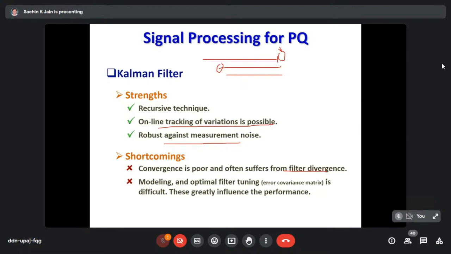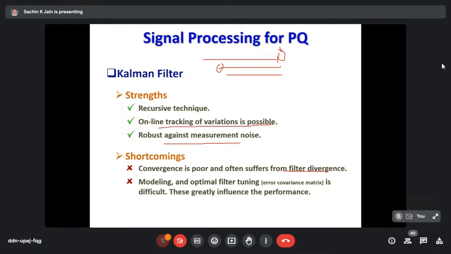What I'm talking about, DFT, there are hundreds of DFT methods, means 100 varieties of methods. There are thousands of papers on each of these techniques in the literature. For example, in Kalman filter, you have the unscented Kalman filter.